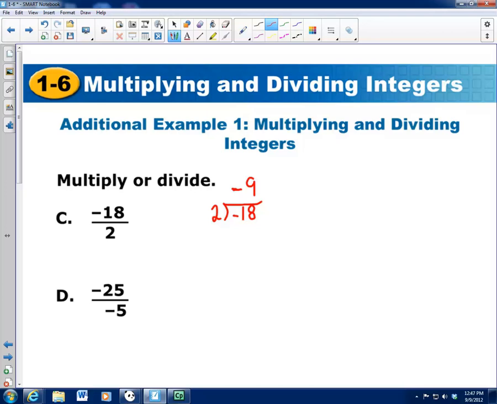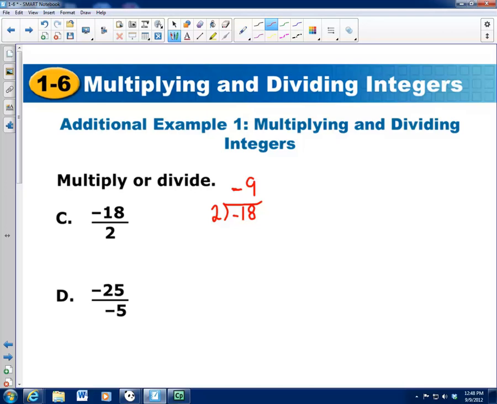All right, let's take a look at letter D. Again, we have -25 divided by -5. I look at my two signs. I notice that the two signs are the same. Therefore, my answer has to be positive.